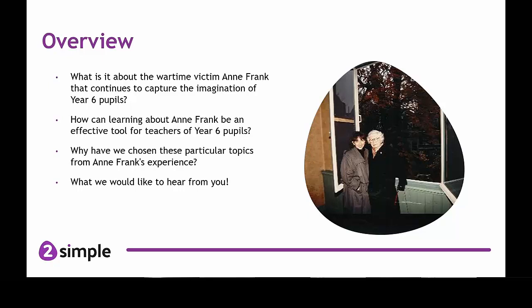Are the dynamics within the family going to change through year 6 and as they go into year 7? Relations with their parents. Are their parents going to still consider them as children, or are they going to start treating them as older, more responsible young people with views of their own, which Anne desperately tried to get across to her parents, that she was entitled to her own points of view?